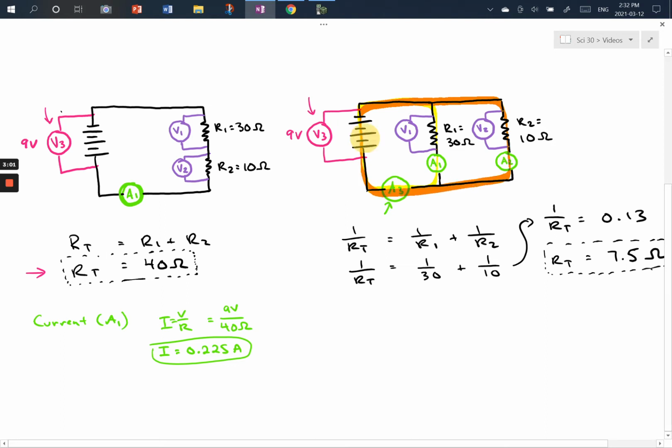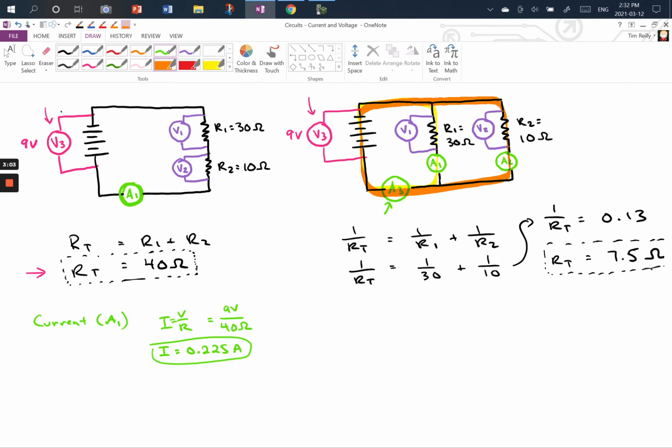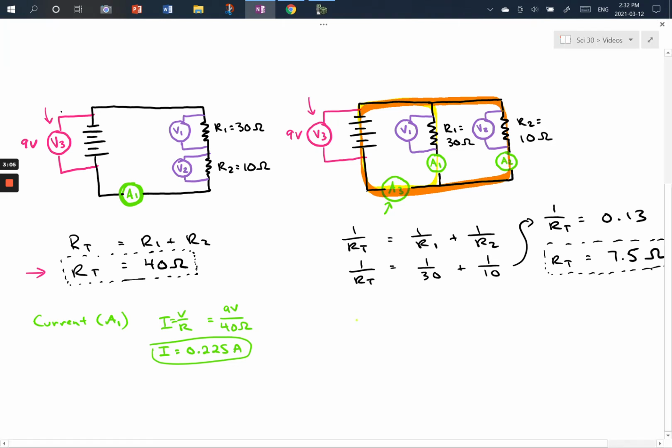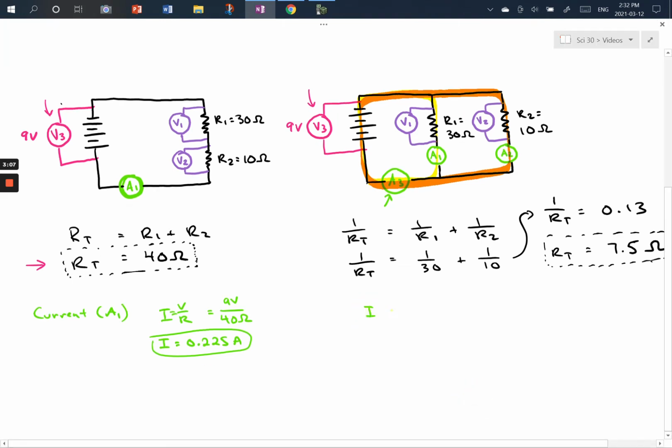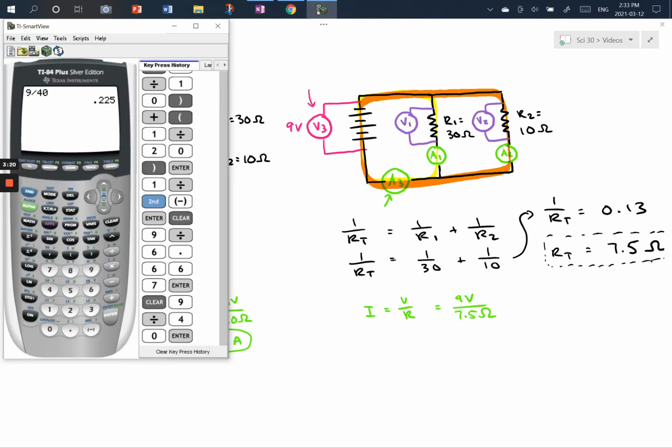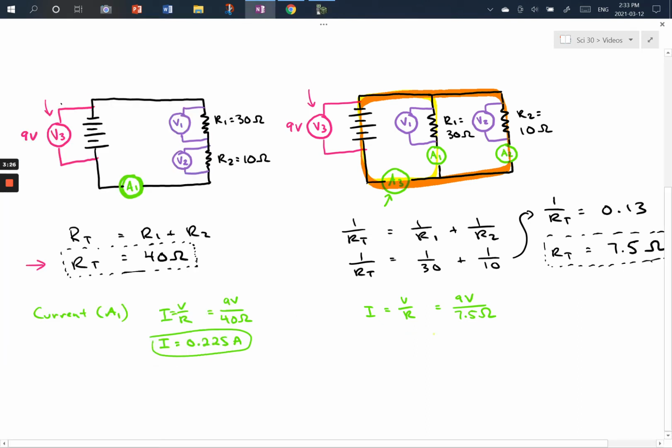So A3 is going to give me the total current for this circuit. Let's do the same thing. We're going to use Ohm's law, I equals V over R. We're going to use that same 9 volts and divide it by 7.5 ohms. So 9 divided by 7.5 is 1.2.